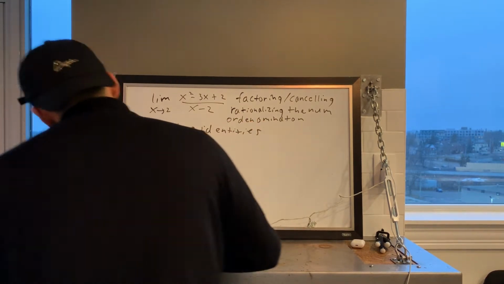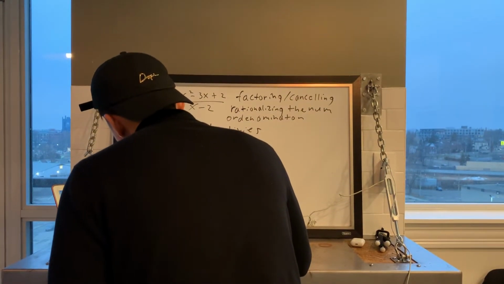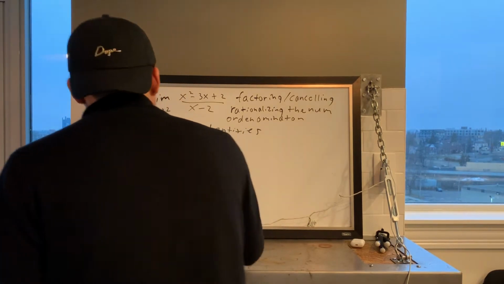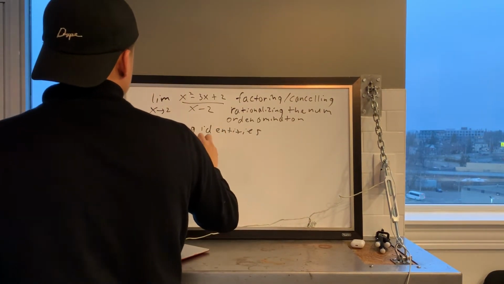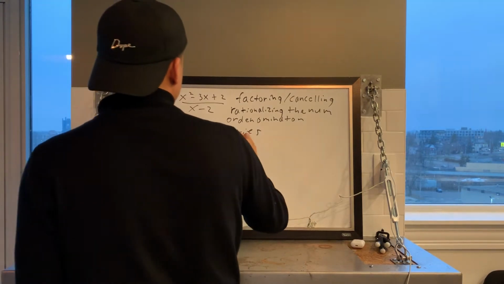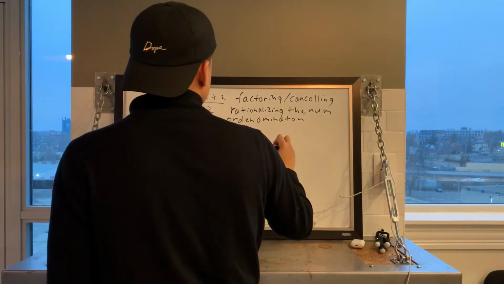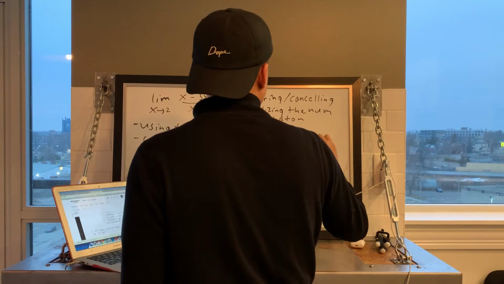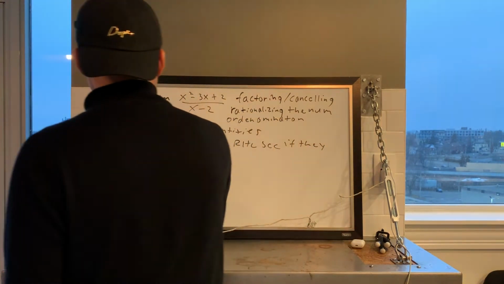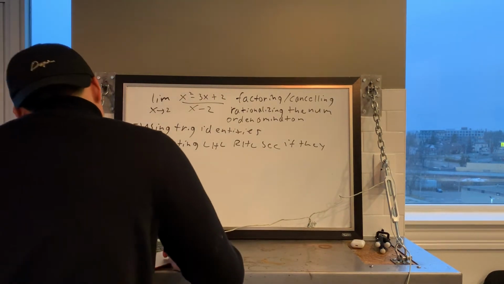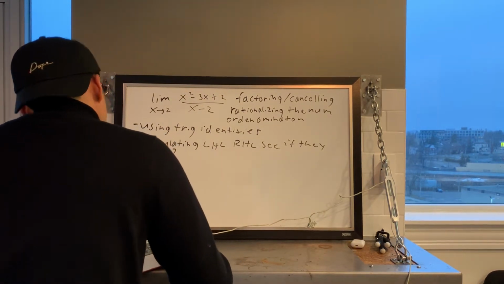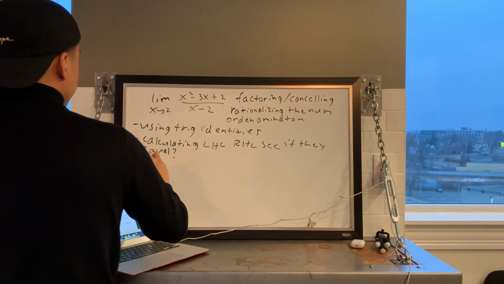Okay. We have calculating left hand limit and right hand limit, see if they equal. Okay. And we have factoring the highest power of x from the numerator and denominator.